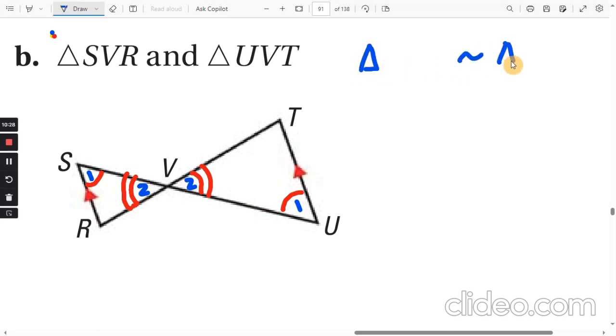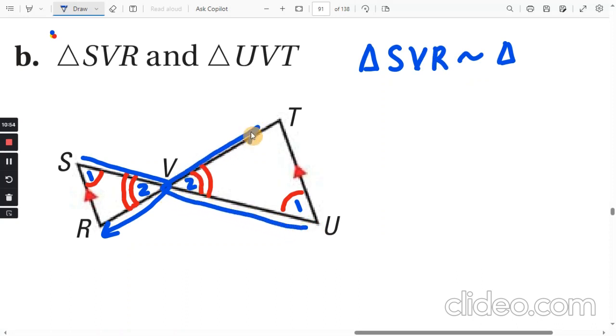Triangle, similar, triangle. Let's see. I'm going to start at 1 and then go to 2 and then go to the missing one. So I'm going to go S, V, R. And then on the other side, I'm going to go 1 to 2, U, V, T. Okay, it matches what they had.